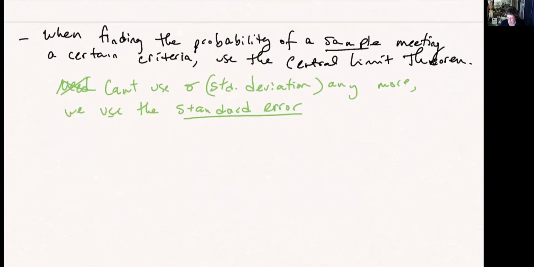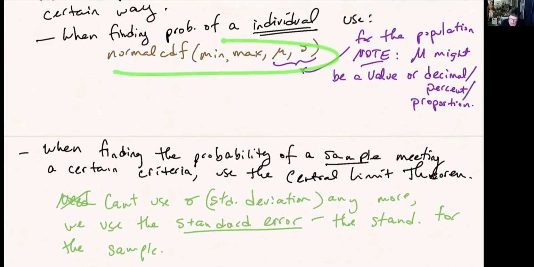Remember that standard error is the standard deviation specific to that sample. We're still going to use that normal CDF. The only thing that's going to vary is that instead of the standard deviation, we're going to put something that's been adjusted for our sample.